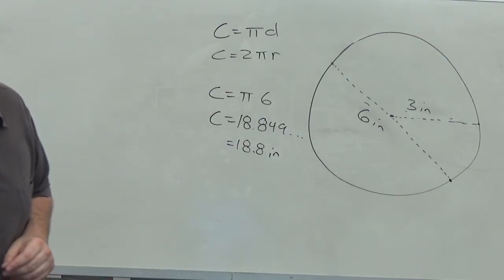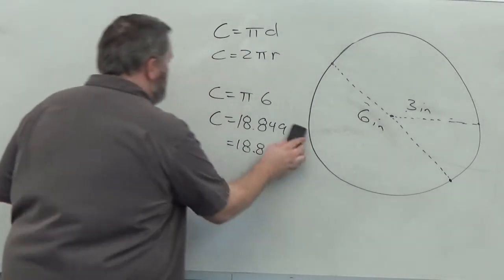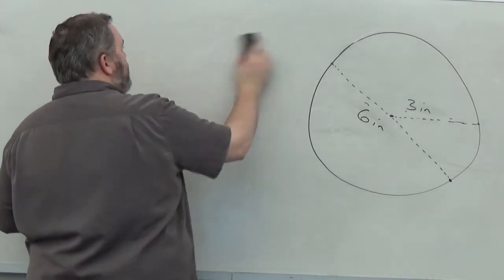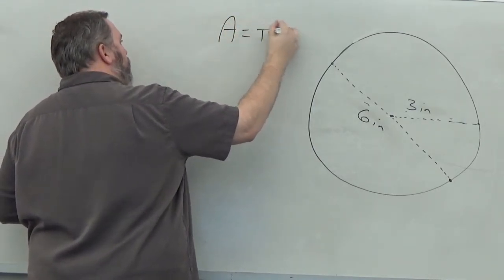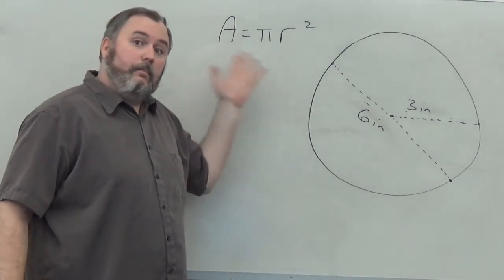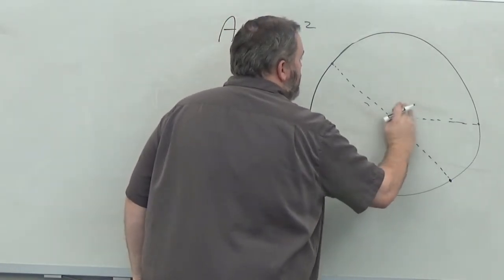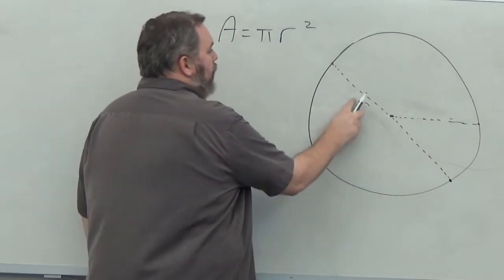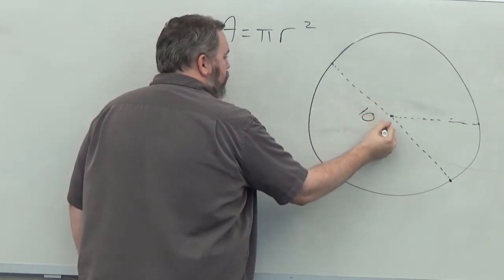Speaking of area, let's go ahead and talk about it. Area of a circle is this equation. Pi r squared. Basically, we're going to take pi and multiply it by the radius twice. So let's use some different numbers. So we're going to say that the diameter is 10 inches.